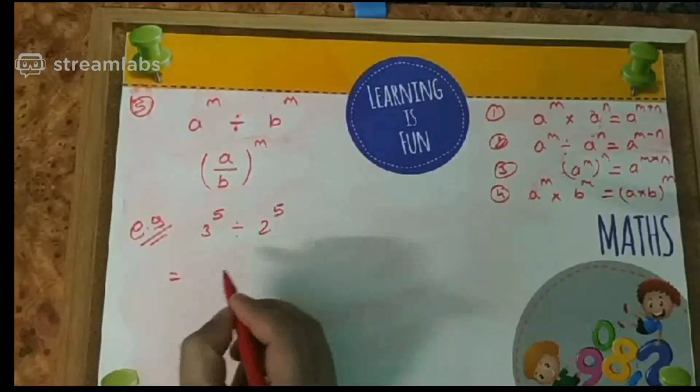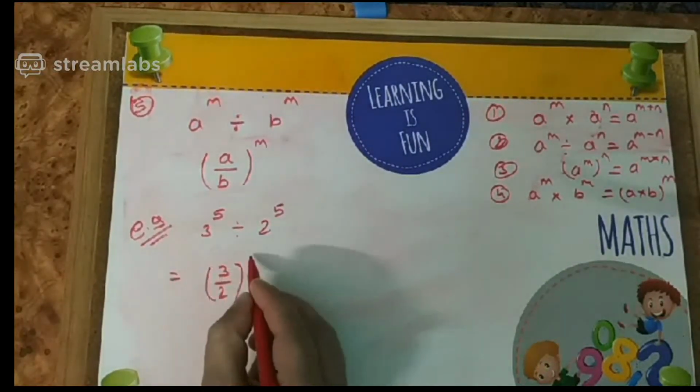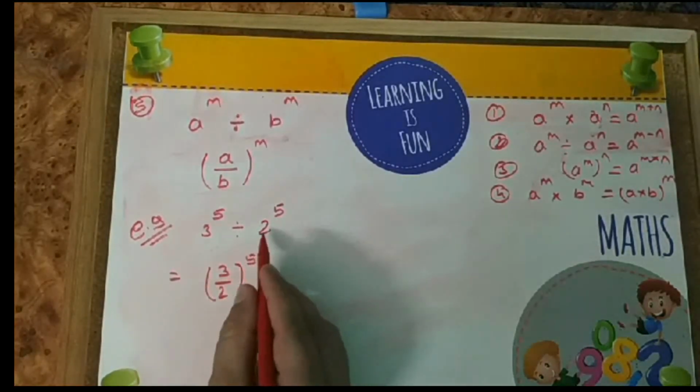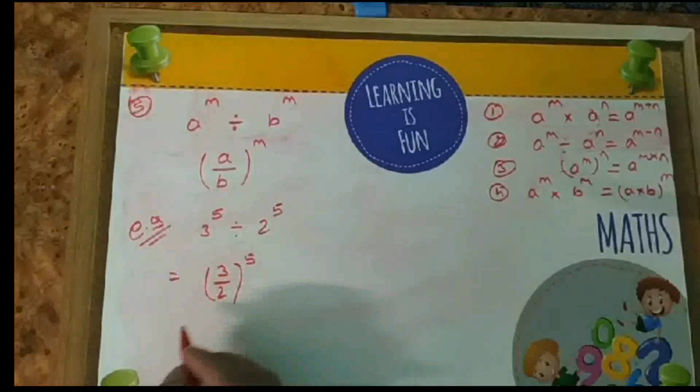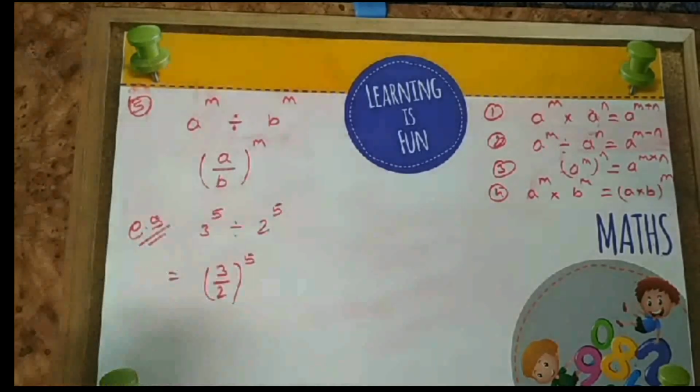Now, 3 divided by 2, whole power 5. Why? Because 3 has power 5 and 2 also has power 5. So this is your answer.